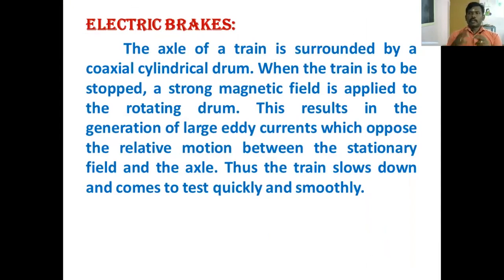When the drum is rotated in between the fixed magnet, the metal rotates in a magnetic field, so it produces a variation of magnetic field. Flux is varying, so it induces the eddy current. That induced eddy current opposes the relative motion between the stationary field and the rotating drum.